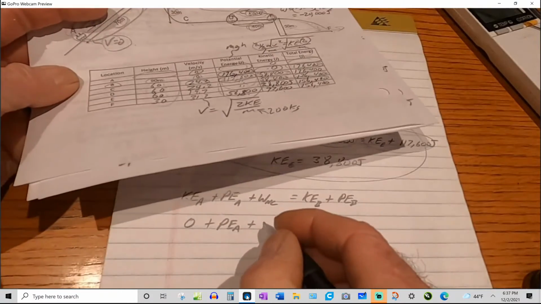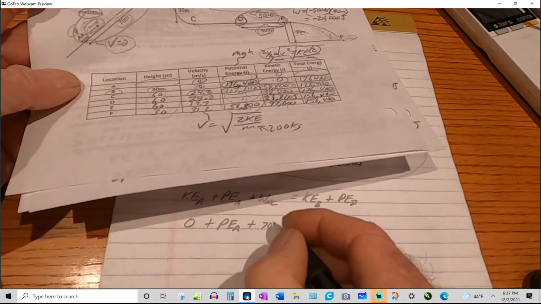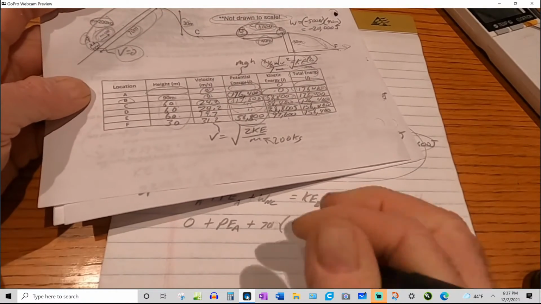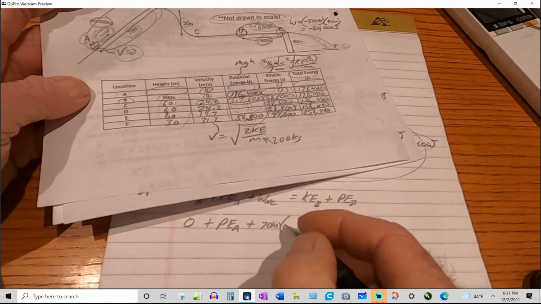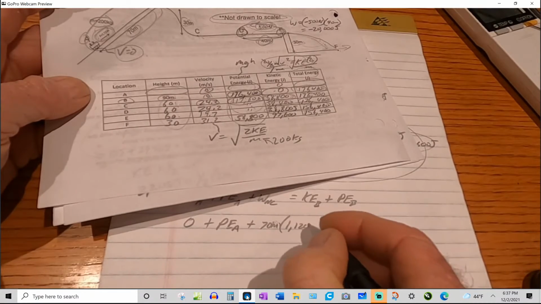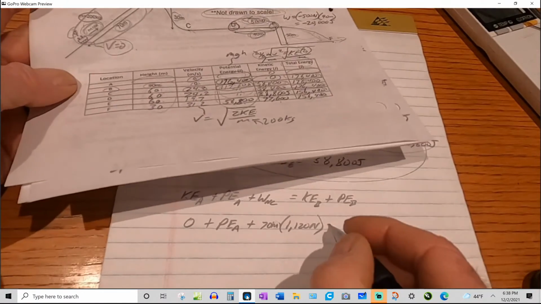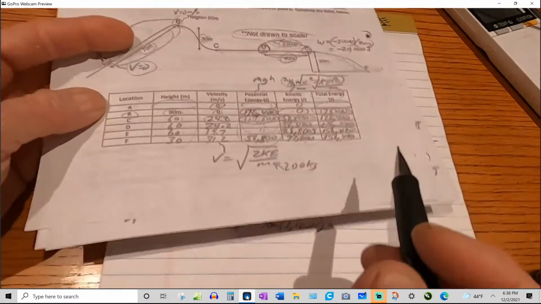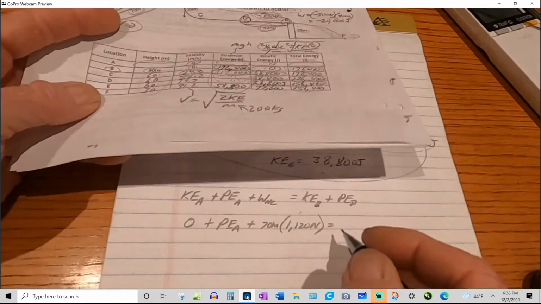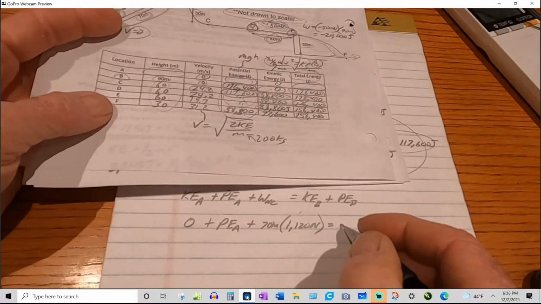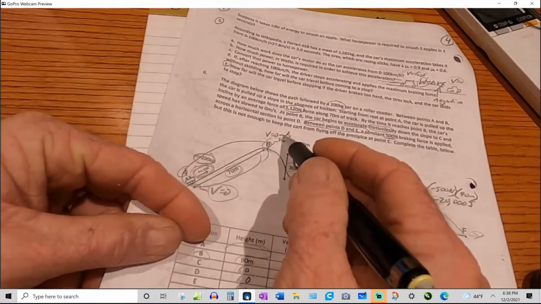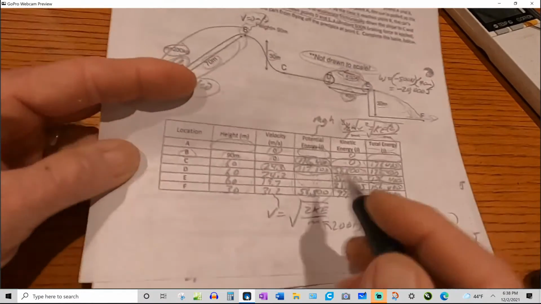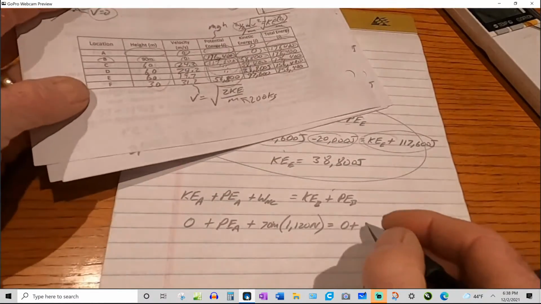So 70 meters times 1,120 newtons. And that's positive. That's a force in the direction that it's moving that's adding to its energy. And that's going to equal the kinetic energy at B, which is 0, plus the potential energy at B, which I've already found, 176,400.